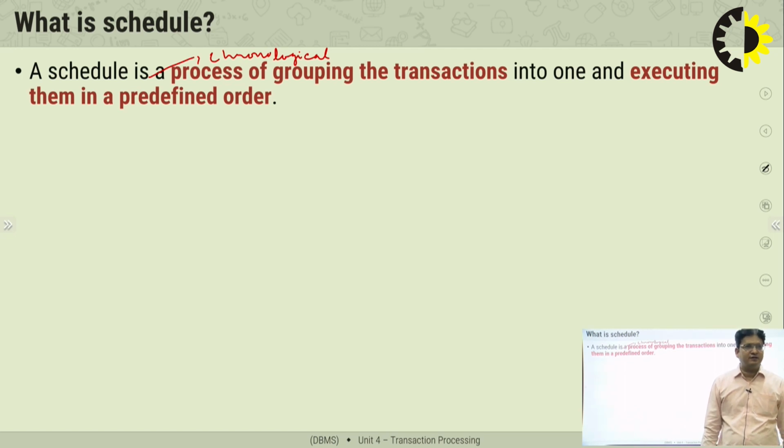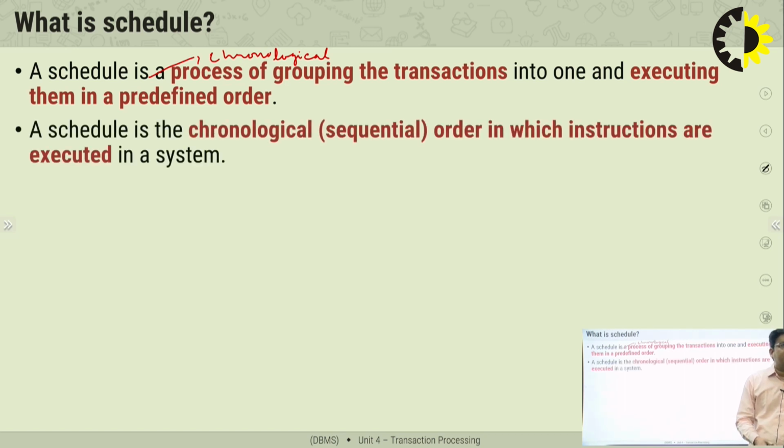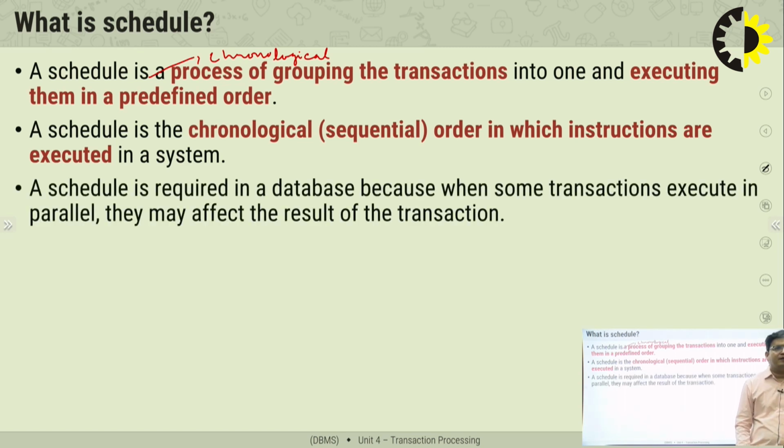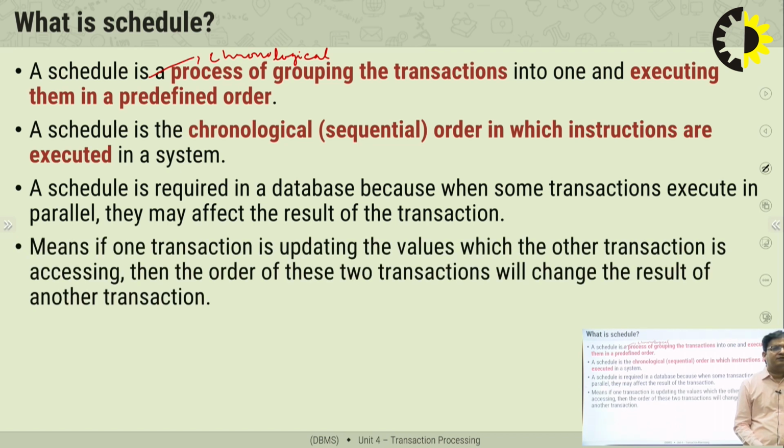Here also in transactions, a schedule means we group all the transactions together and execute them in a predefined order. So, the schedule is the chronological order in which the instructions are executed in the system. A schedule is required because when some transactions are running in parallel, they may affect the results of other transactions.